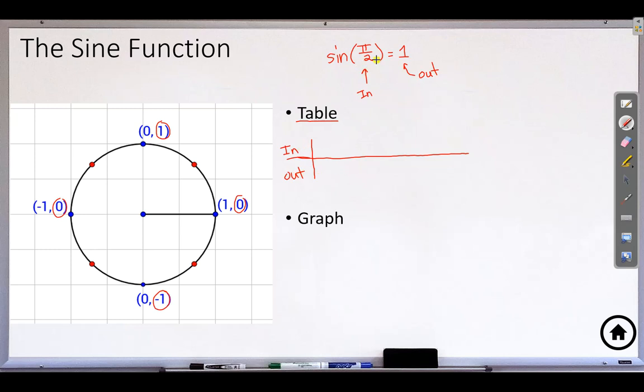The numbers that go inside the sine function are angles, so our inputs will be angles. And our output is just the number. It used to be a ratio, a fraction, so we'll think of that as our ratio. But what we're really going to start to think of this as is an x value and a y value. So we're going to turn this statement into basically y equals sine of x.